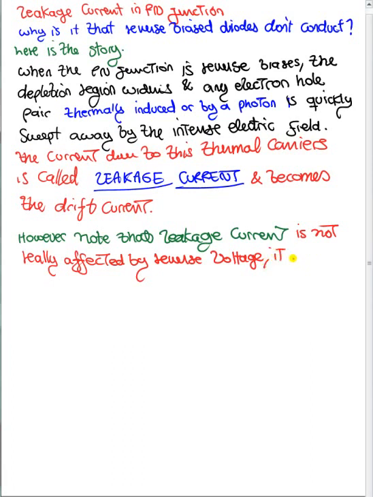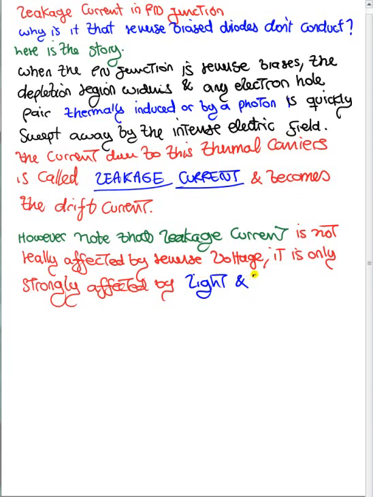It is only strongly affected, as mentioned before, by light and temperature. And so here we explain leakage current, and we explain why reverse-biased diodes do not conduct.